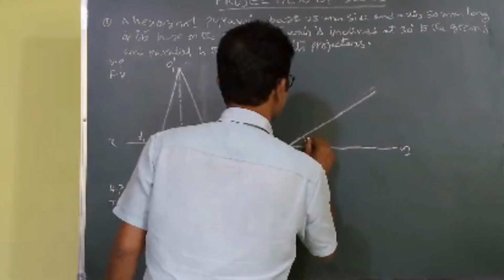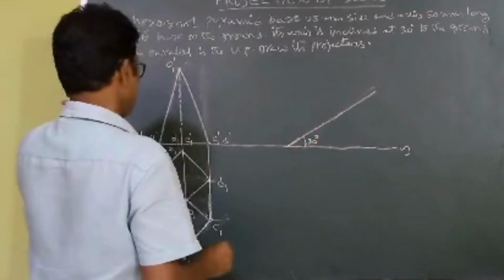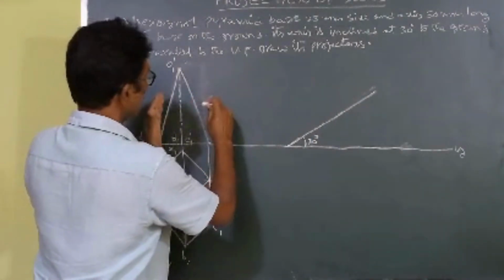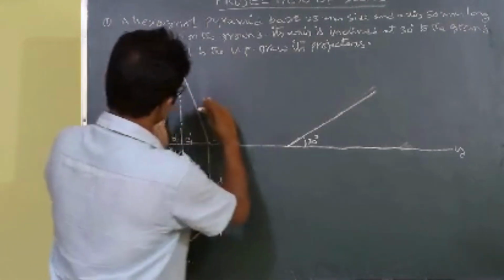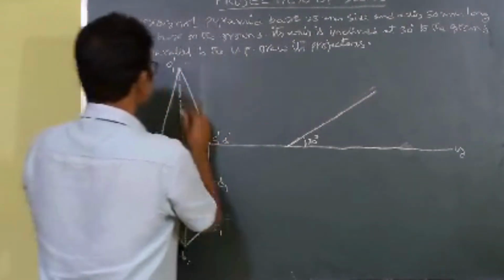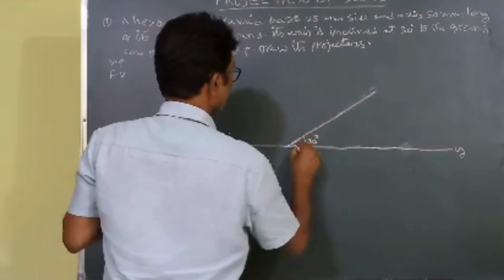This is 30 degrees. This front view is to be tilted like this, in this orientation. This axis is set up on this line.